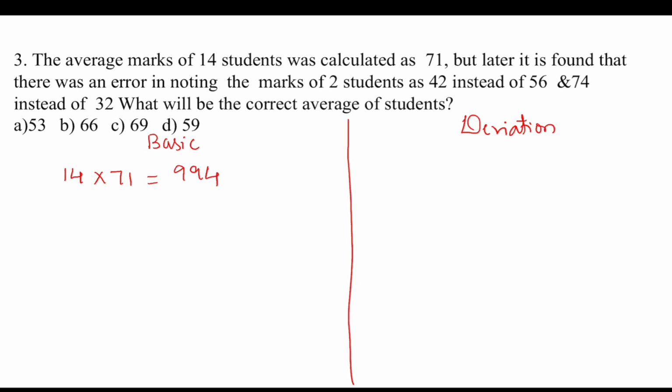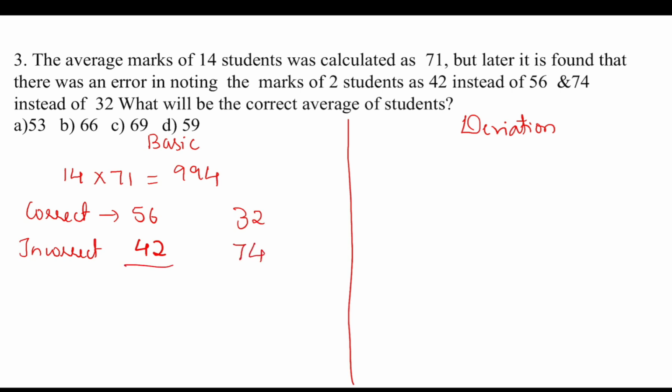But later it was found that there was an error in noting the marks of 2 students. 42 instead of 56: correct it should have been 56, but incorrectly it is 42. Then the correct mark of the second student was 32, but by mistake it was noted as 74.